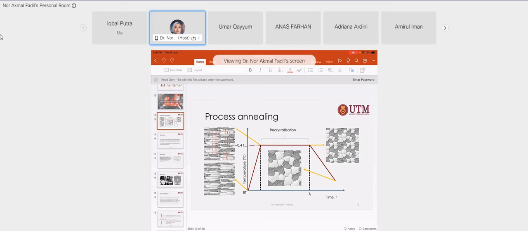Because the recrystallization process will change the left side microstructure like this into equiaxed or almost spherical, distorting the original microstructure. The distorted microstructure is the one having high strength. The distorted microstructure is the structure obtained after cold drawing or cold working process. So if you allow recrystallization, you will eliminate the distorted, elongated microstructure.